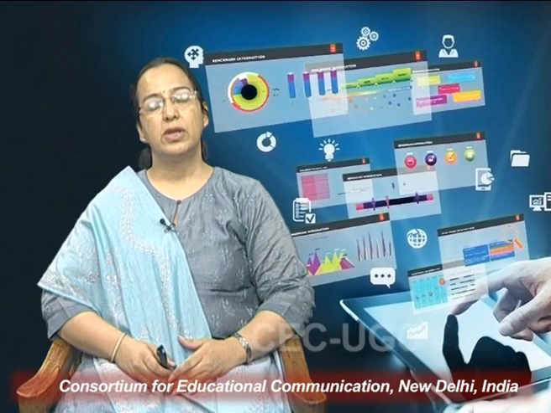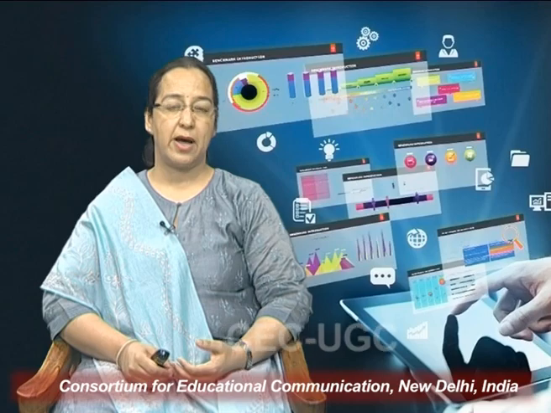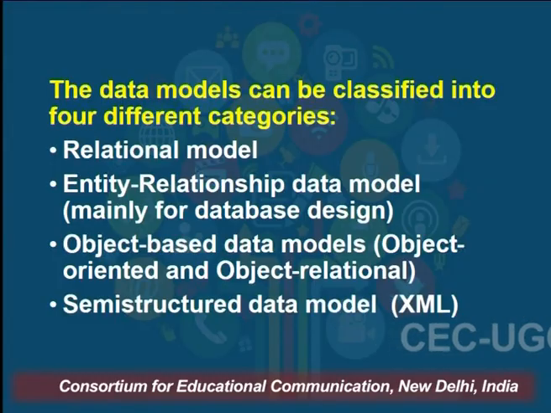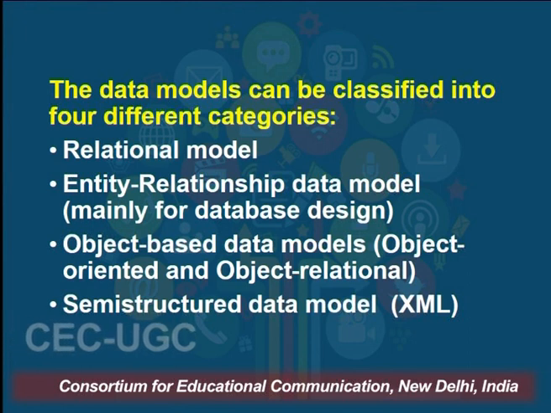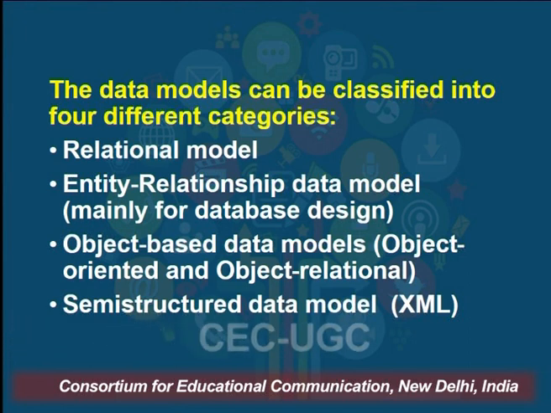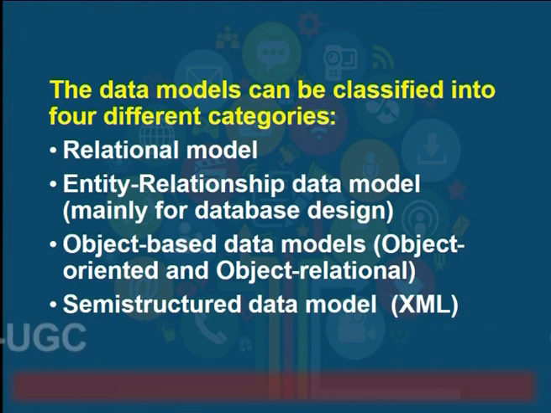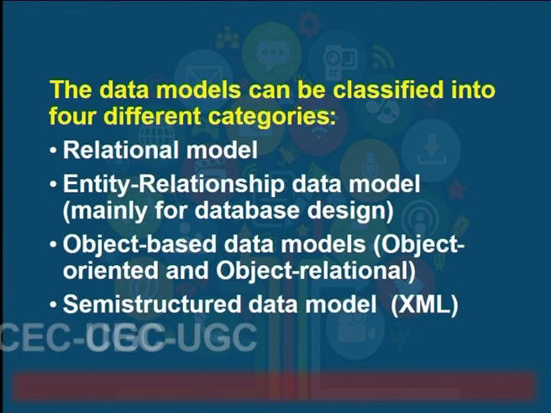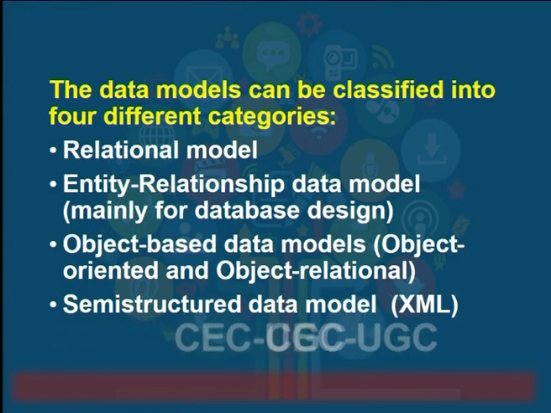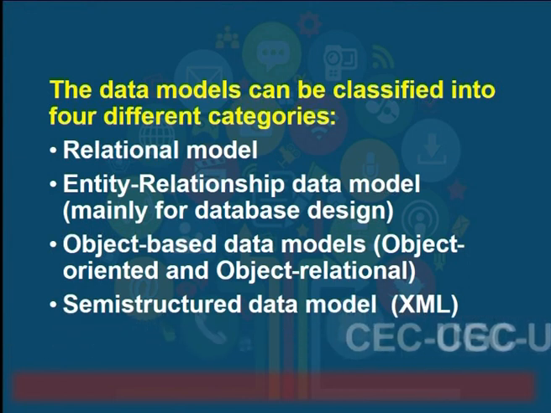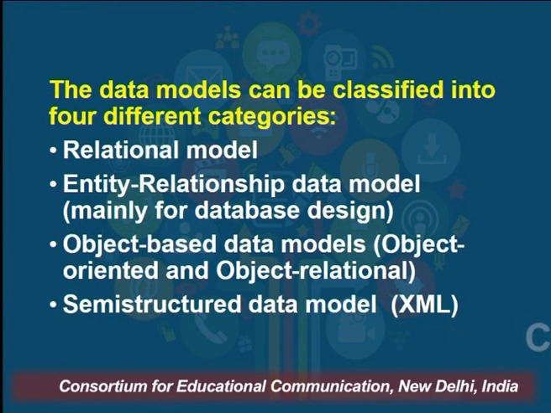We can have four different categories of data models. One is the relational model. Another one is the entity relationship data model, known as the ER model in short, which is mainly used for database design.